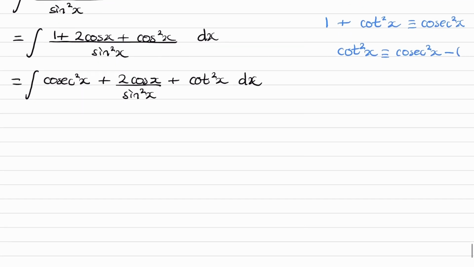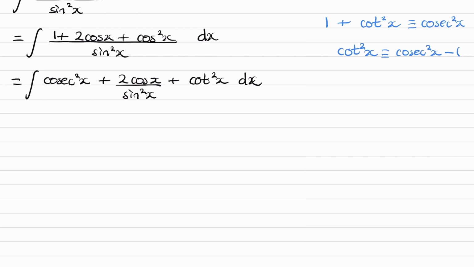And then if it turns into cosec squared x, we can then integrate that. That will just become minus cot. Right, so then this bit's good, this bit next. So a few ways in which we can do that. I think the easiest would be to rewrite this.